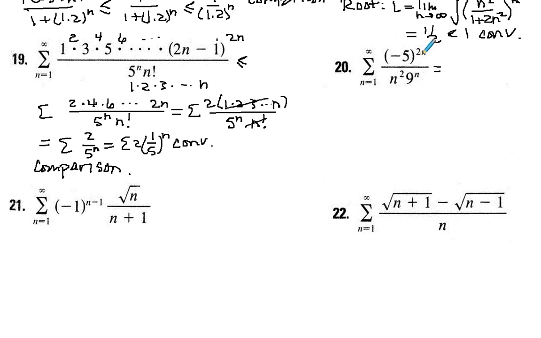Anything to an even power is going to be positive. So this is the same thing as if we did 5 to the 2n up on top, and then n squared, 9 to the n on the bottom. And then let's write the top as a power to a power. So this would be the sum of 5 squared to the n.